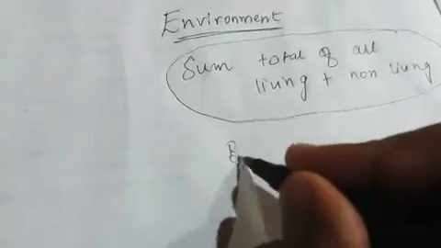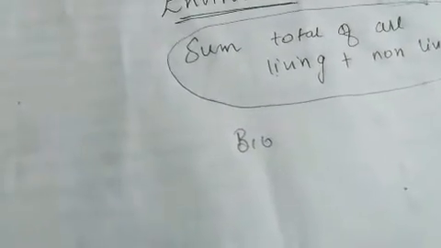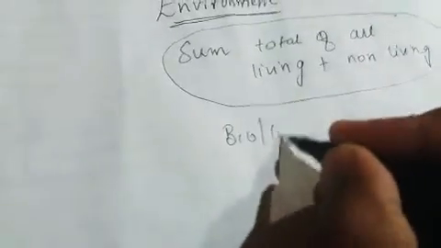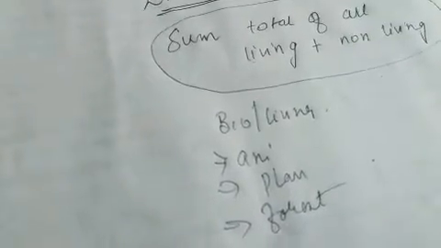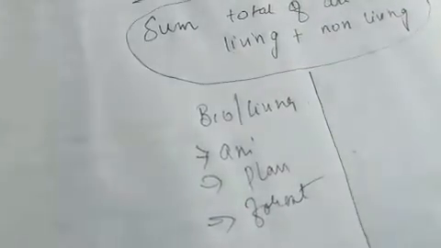Biotic elements, it means these are the living things. Biotic elements such as living things, examples for this are animals, plants, forest, fisheries, birds, etc. These come under biotic factors.